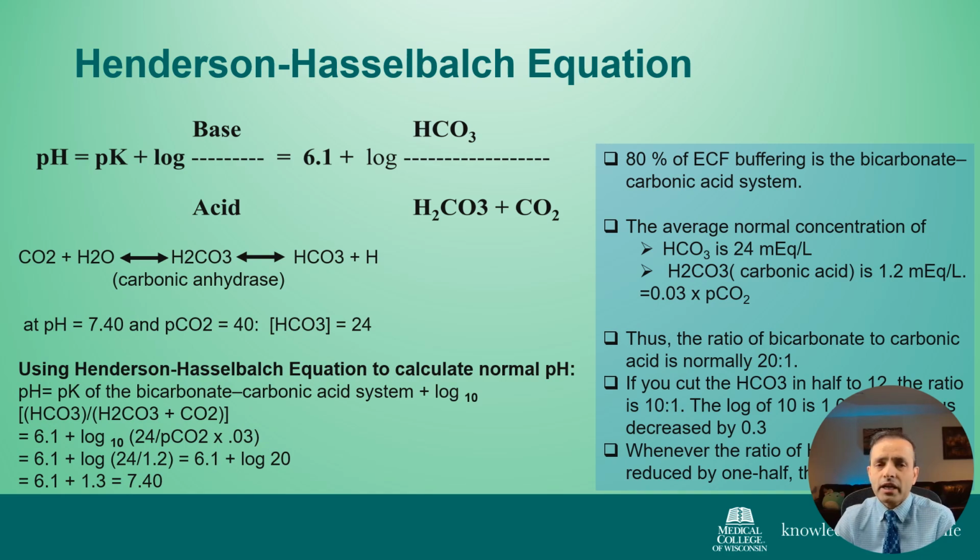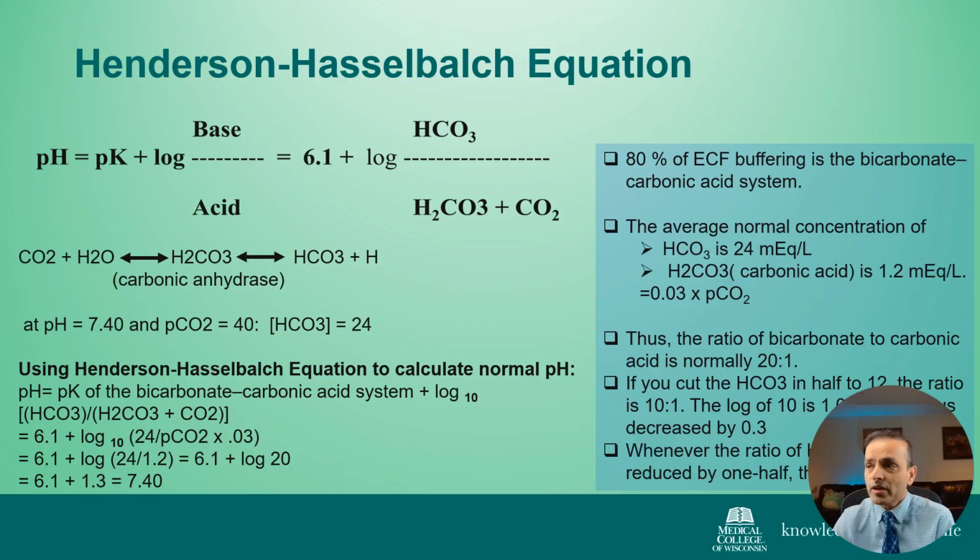So let's say bicarbonate is 48. So there is a doubling of bicarbonate. And then carbon dioxide, which is normally 40, let's say again went to 80. In that case, the patient is going to have a normal pH. Why? The ratio of bicarbonate to acid is maintained.